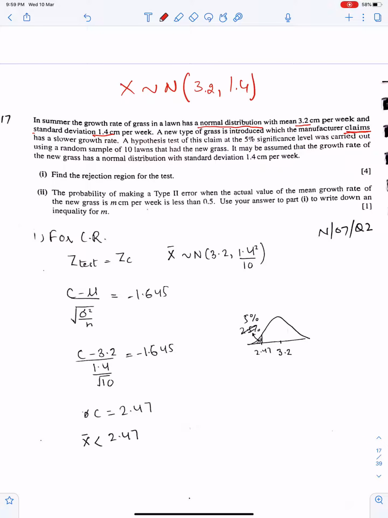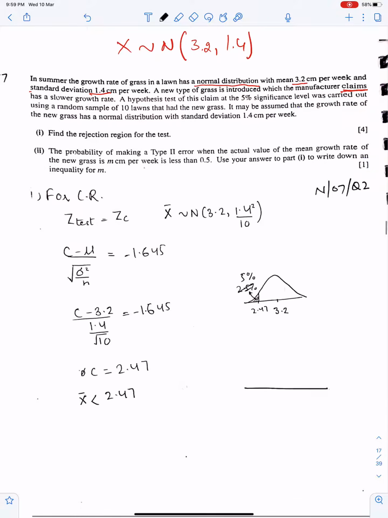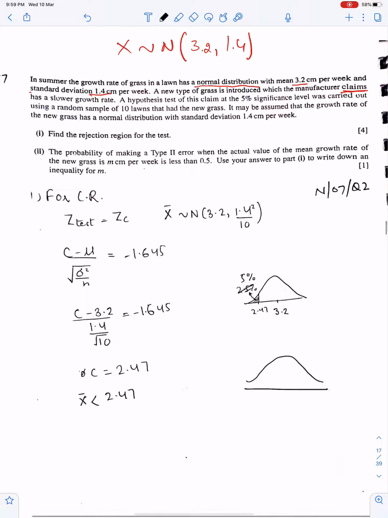When you sketch the graph of Z, this is the 5% and this number is minus 1.645.